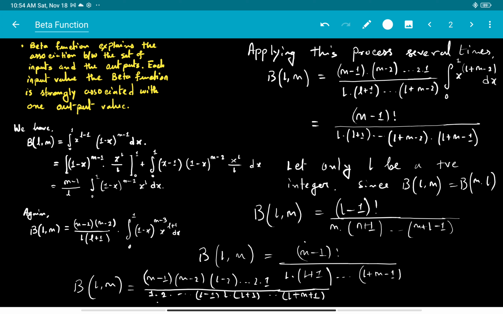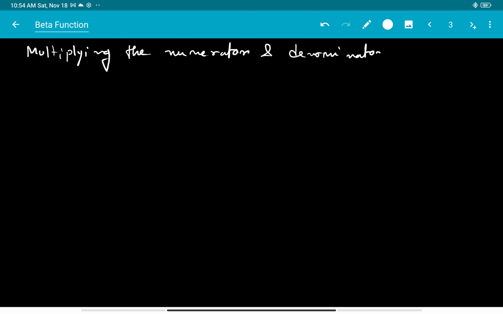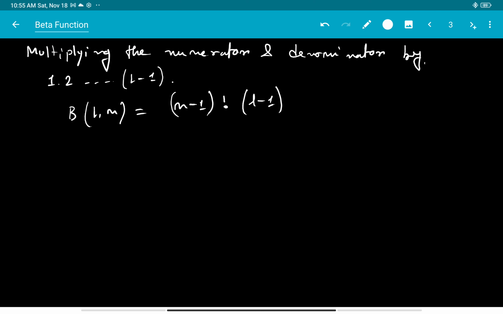Now if you multiply the numerator and denominator by 1 times 2 dot dot dot up to L minus 1, you will be left with beta L comma m equals (m minus 1) factorial times (L minus 1) factorial over (L plus m minus 1) factorial.